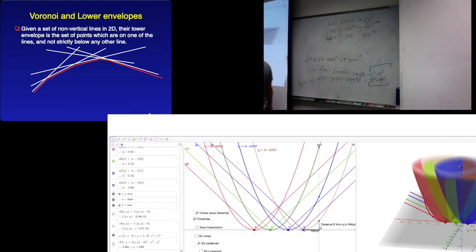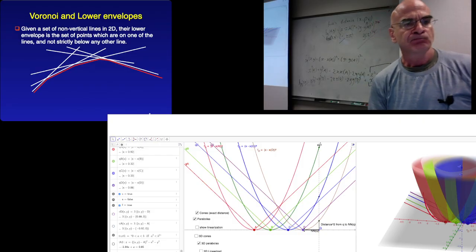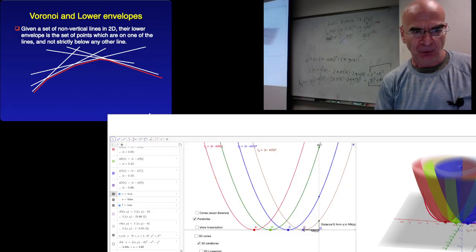Now, when I take my point Q and ask which is the uppermost function, if I subtract the same value from both functions, from f_A and from f_B, and ask which one is lower, as long as it's the same value that I subtract from both of them, I don't change the order. I don't change which function is above me. So I don't need the cones anymore.